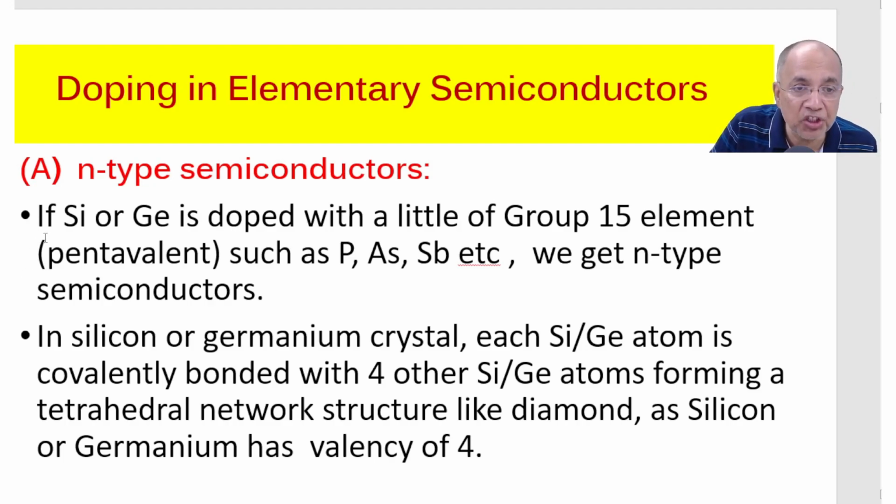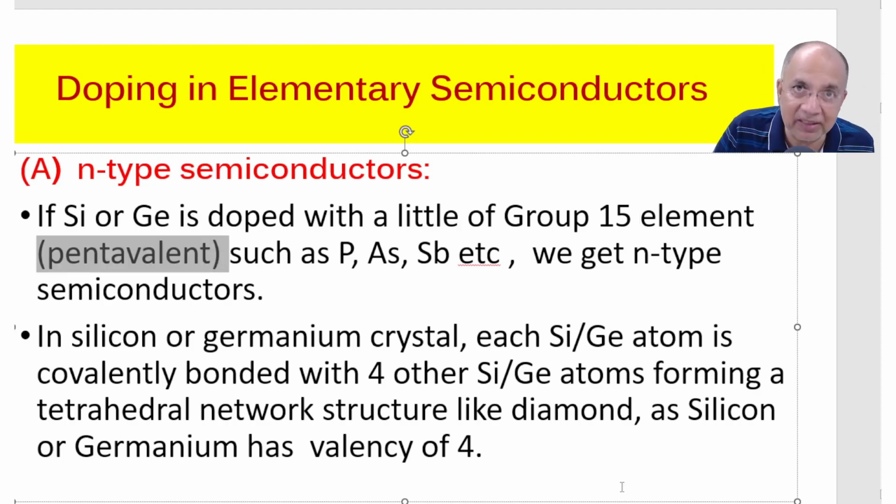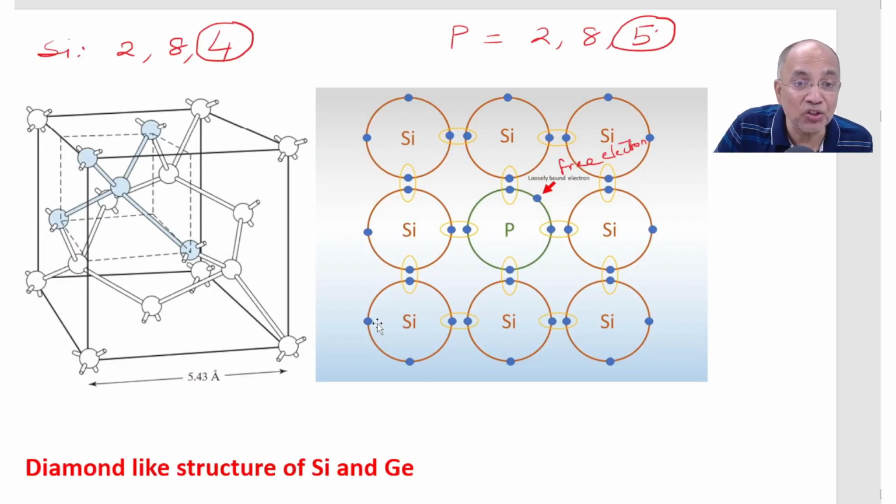When the virgin elementary semiconductor like silicon or germanium, the pure silicon or pure germanium, is doped. Don't confuse doped with binary. Doped is mixed with a little, I repeat, a little impurity from group 15, either phosphorus or arsenic or antimony. These are called pentavalent impurities. Then we get N-type semiconductors. Now what happens? I show you.